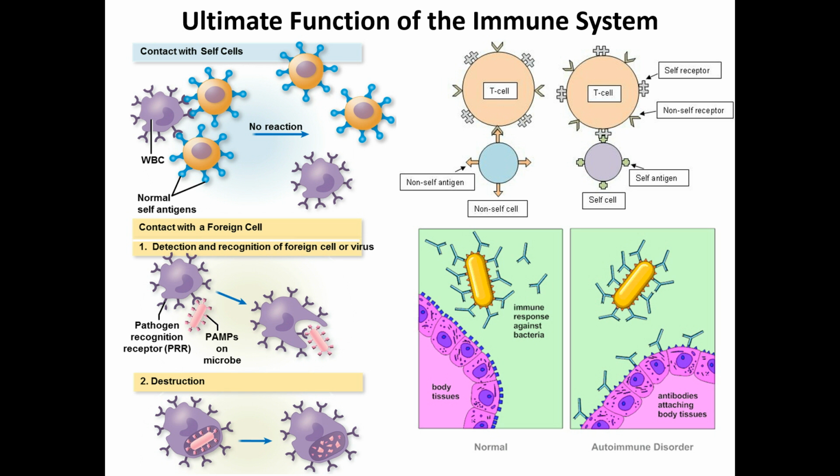If it's self antigens, the T cells are fine; they don't start proliferating. There's no cell-mediated response. But if non-self antigens are presented to the T cell, they're going to receive a secondary signal letting them know that they need to proliferate and begin differentiating.